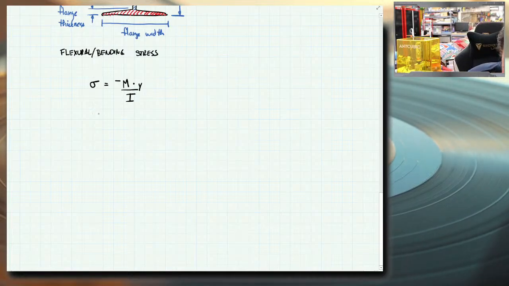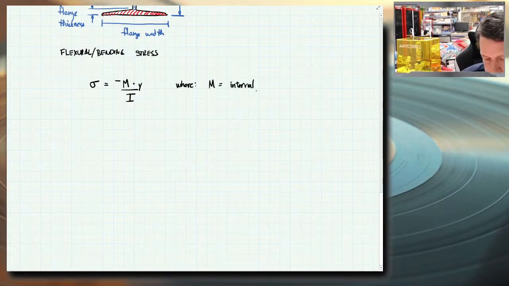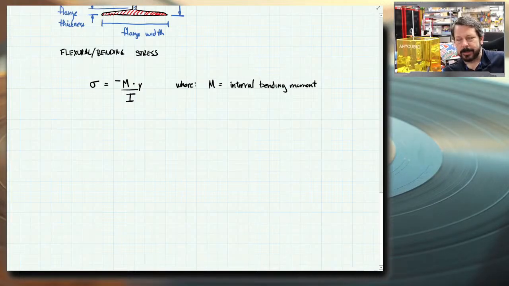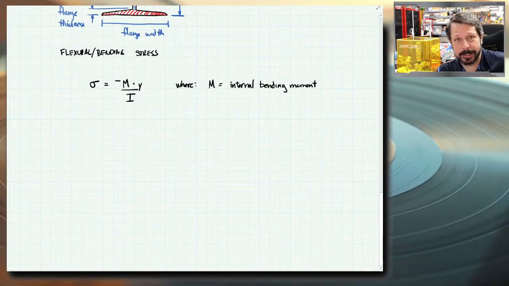M is the internal, so it is an internal deal, not an external applied load. Internal bending moment, so we'll have to describe and figure out how we're going to calculate this internal bending moment.